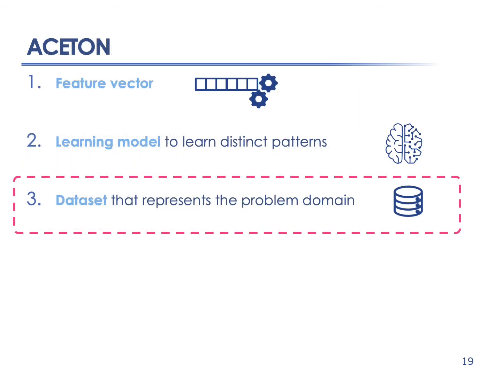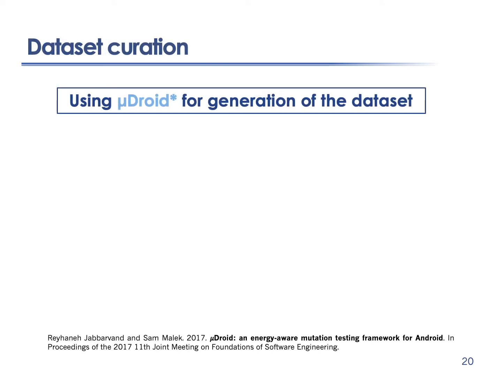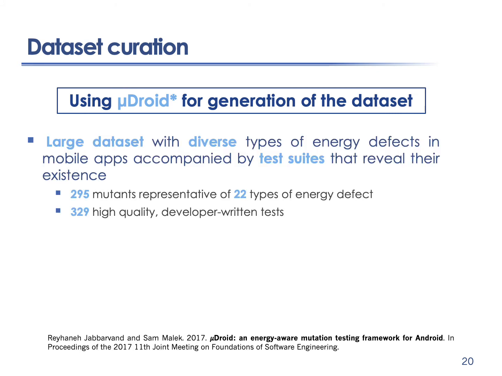Now that we have identified proper features and selected an appropriate model, it is time to train ACETON with a large amount of high-quality training data. For the purpose of data generation, we use MuDroid, which is an energy-aware mutation testing framework. This framework has 295 mutants that are representative of diverse types of energy defects, accompanied by 329 high-quality developer-written tests.